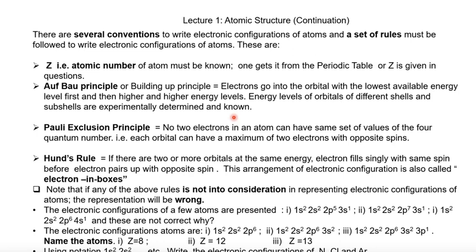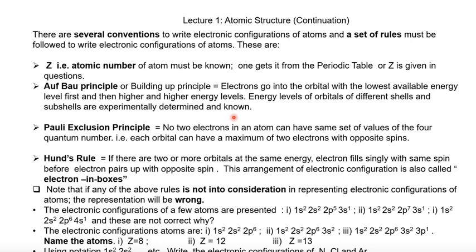It says that if we have 2 or more orbitals in the same energy level, then electrons fill every orbital singly with the same spin before pairing with another electron of opposite spin. This arrangement is called the electronic configuration, and it is also called electronic boxes.